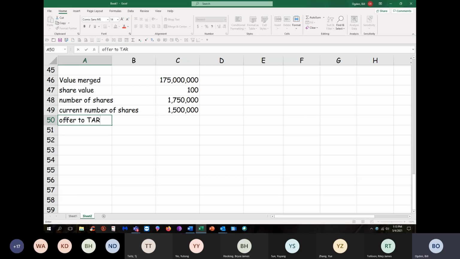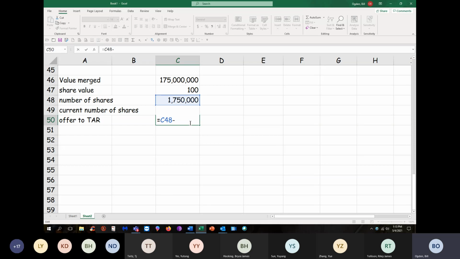They're going to make an offer to TAR, right? And of course, TAR will hold out for everything they can, and so come to a point where ACQ will no longer, what they call, sweeten the offer. They'll stop at some point, and that would be the difference here. Oops.